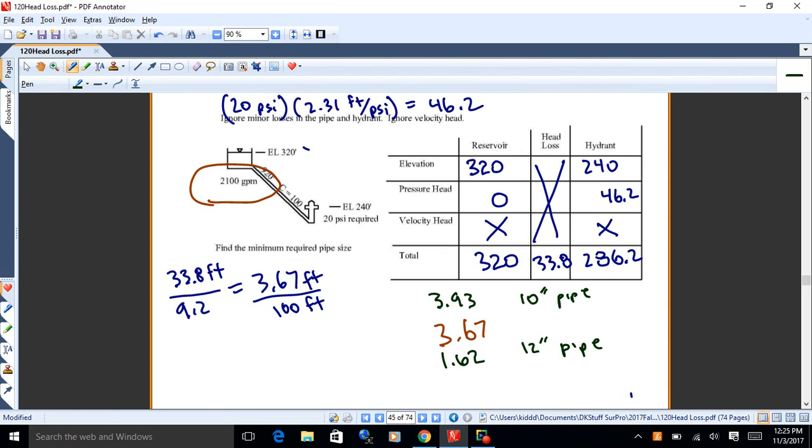Now, if you're doing engineering type work, do you go with the big thing or the small thing if you're going to design, if you want to be safe? Big, yeah. Go up, so 12 inch. I'm not going to give them a 10-inch pipe because I won't get them enough pressure. And especially for fighting fire, I'm not messing around with that.